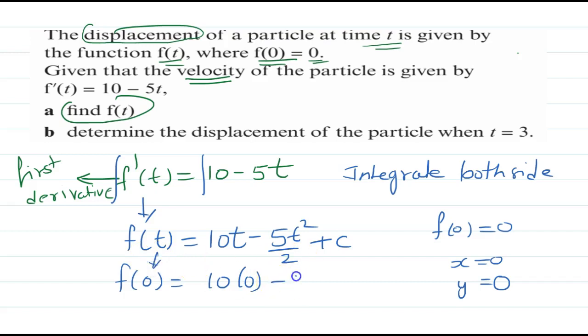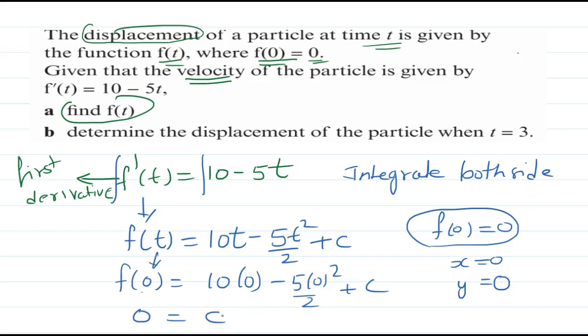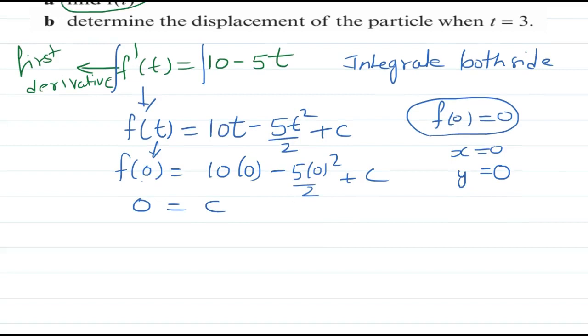So 10 times 0 minus 5 times 0 squared divided by 2, plus c. And f(0) is equal to 0. So this is 0, this is 0, this is 0. So we got c equal to 0. So what will be the equation of the function in terms of t? So our f(t) is, let's write down here.